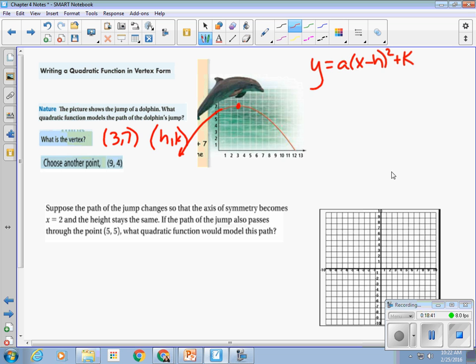So we're going to choose another point that is on our curve, and we're going to choose 9, 4. So we're going to take our function, and we are going to replace h with 3. We're going to replace k with 7.